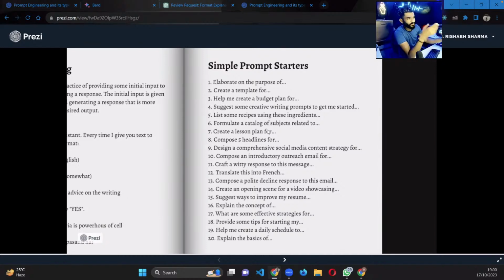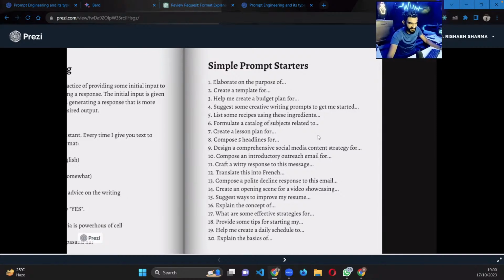Okay, so also you can say, help me create a budget plan for my company, or maybe help me create a budget plan for my home. And suggest some creative writing prompts to get me started. So this is a list of simple prompt starters, how you can start writing your prompts. You can always try with it.